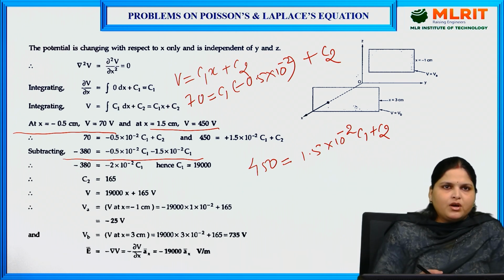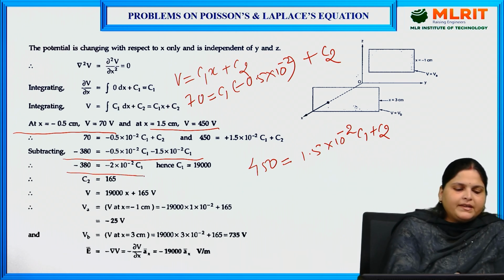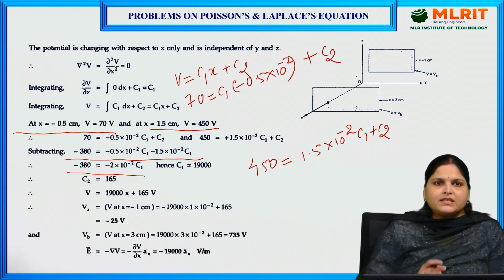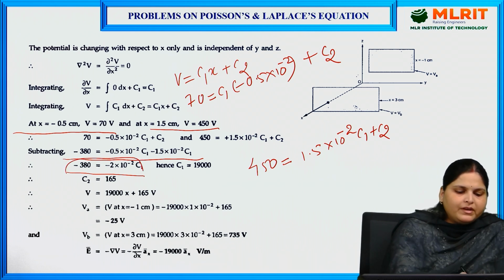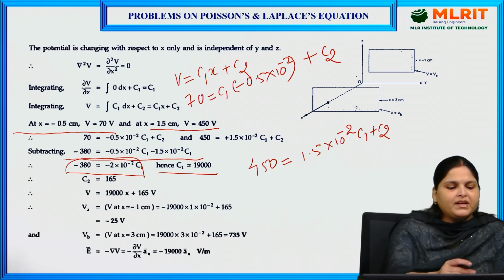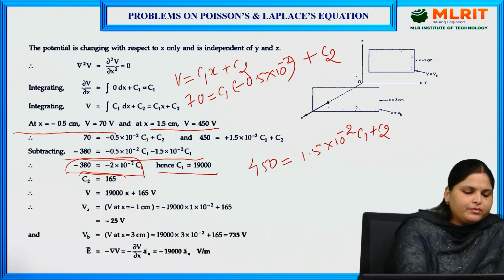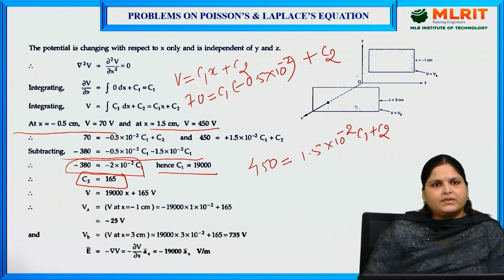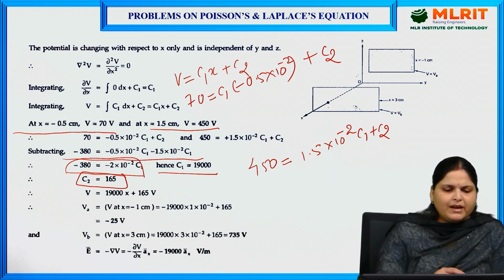When we further solve it, we will get minus 380 is equals to minus 2 into 10 to the power minus 2 C1, and C1 is equals to, after calculating, we will get 19,000. Again putting it into the equation, we will get C2 is equals to 165. Both the values we have got.